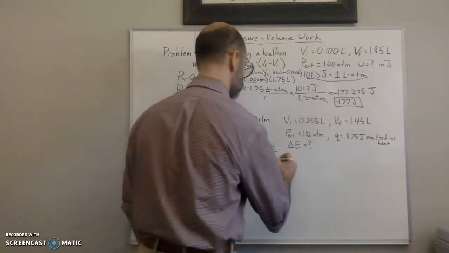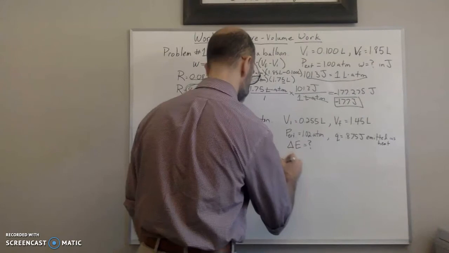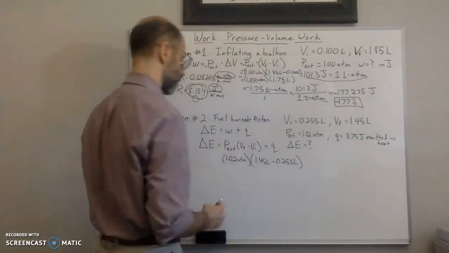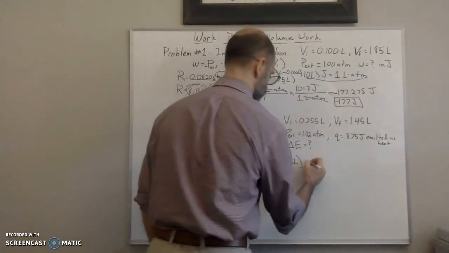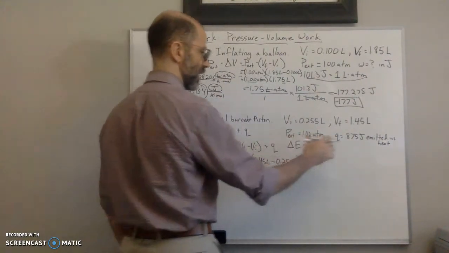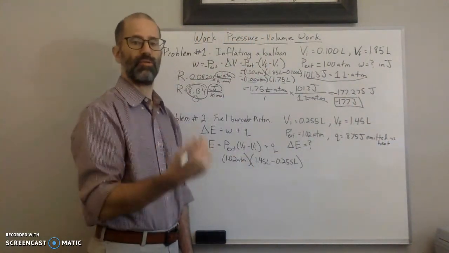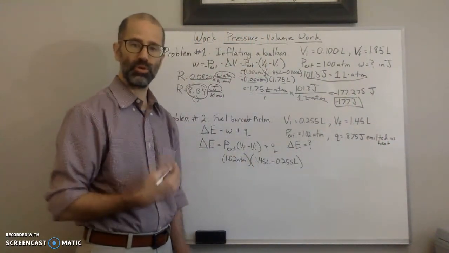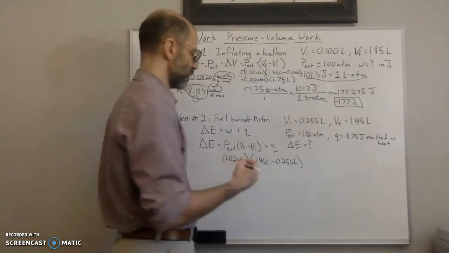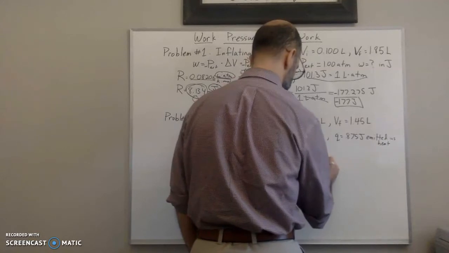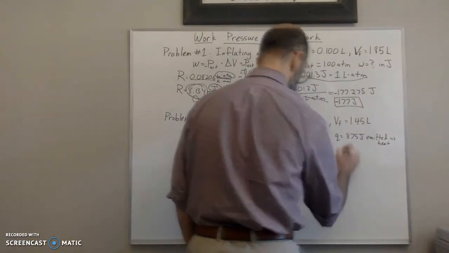We have the initial volume, which is 0.255 liters. And then we're going to add Q. Now, Q here is negative because we're emitting heat. We're losing heat from the system. So we're losing energy from the system. So that's going to be a negative 875 joules.